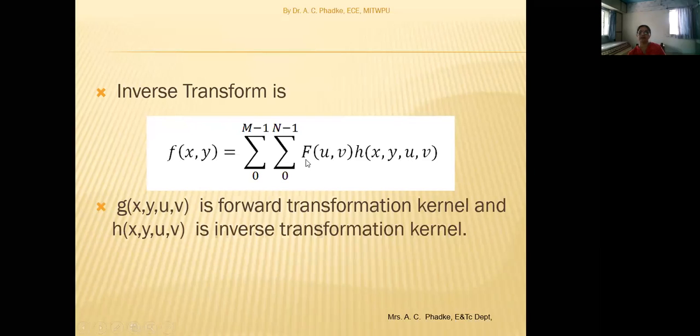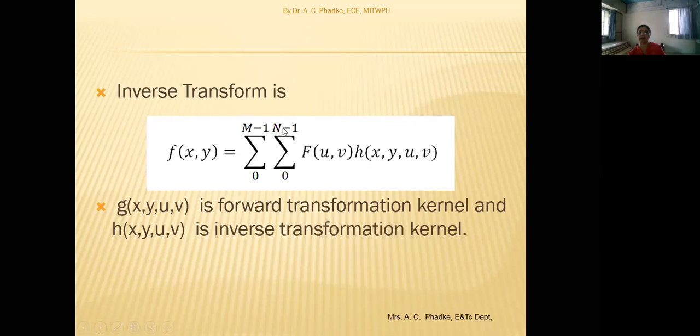We can obtain original image f(x,y) by this inverse transformation: summation 0 to M minus 1, summation 0 to N minus 1 of F(u,v) into h(x,y,u,v), and this h(x,y,u,v) is known as inverse transformation kernel.